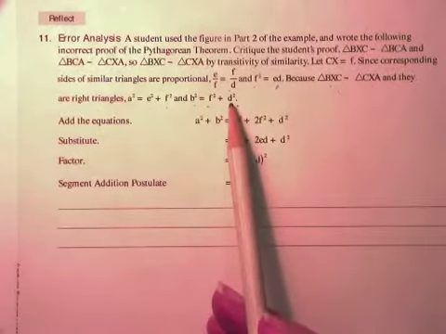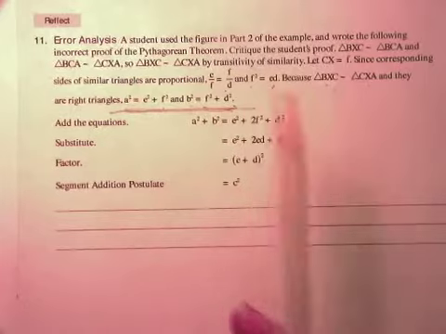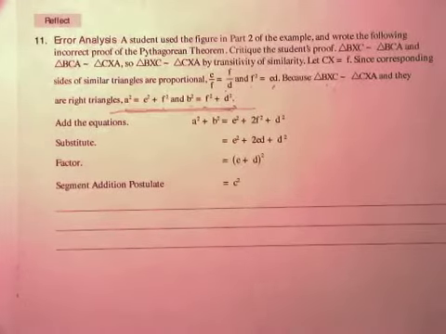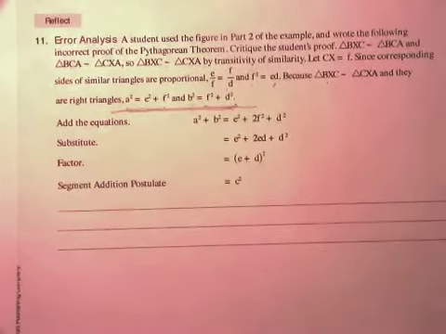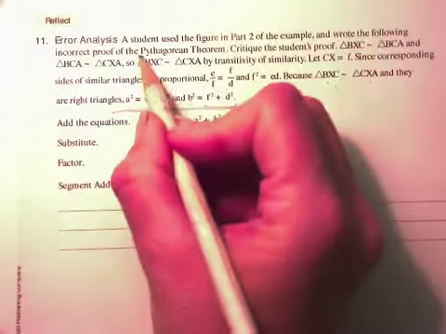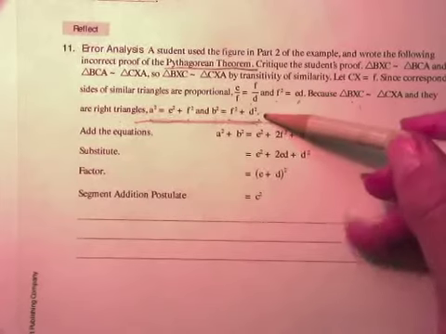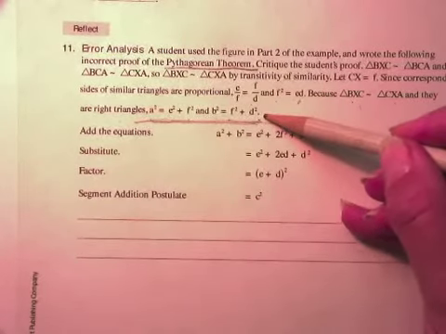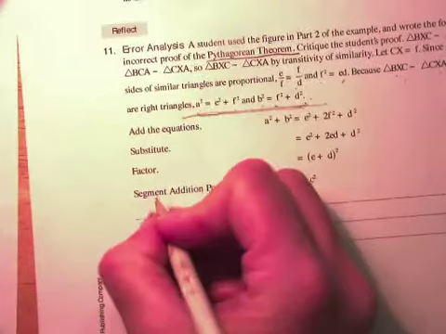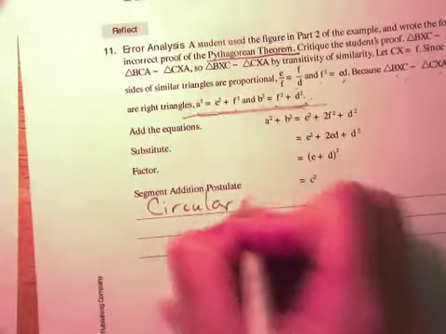Well, now hold on a second. There's where the error in the proof is. And it's not so much that they're saying something that's incorrect, it's that they're trying to prove the Pythagorean's theorem. You can't use the Pythagorean's theorem to prove it. Okay, so this is circular reasoning.